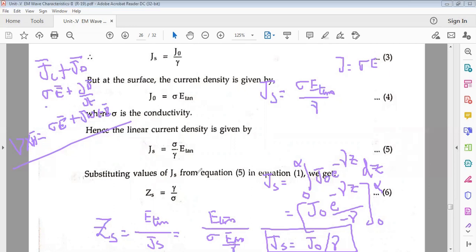Okay, substituting the Js from equation 5 in equation 1, we get Zs is equal to E tan by Js, and E tan gets cancelled.